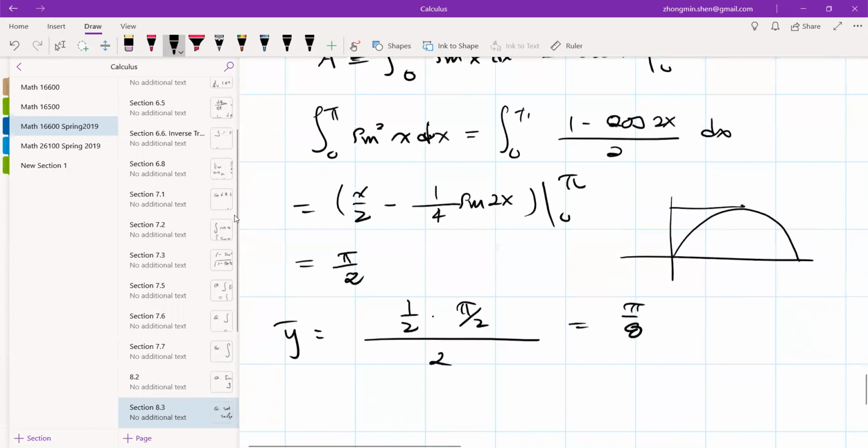The highest point is 1, right? And for the most part, when half is here, I think the center should be below that point, right? Because there is more area below this line. Pi over 8 is less than 1/2, and now it's clear. Pi is less than 4. Okay, that works. So double check your work at the end.